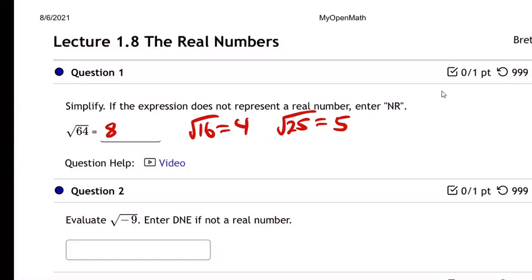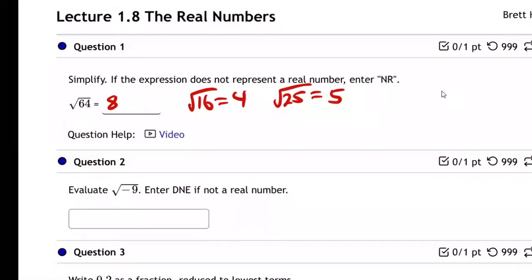Now, with that in mind, let's jump right on to number 2 and answer the question: what about the square root of -9 is what my number 2 is. So let's ask the same question. What number times itself is -9?